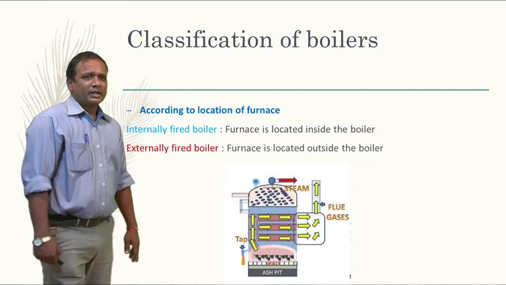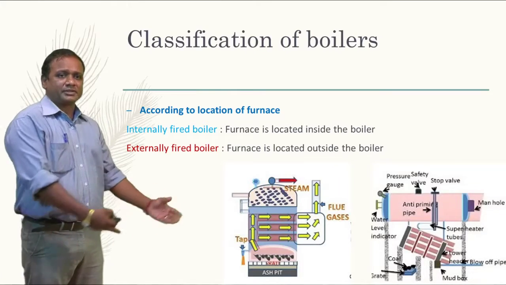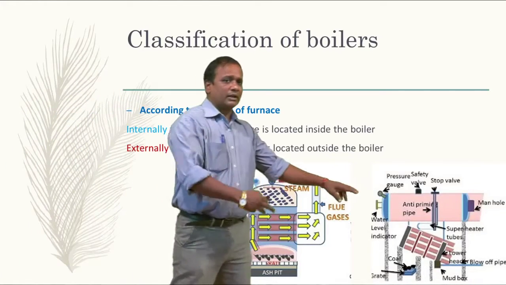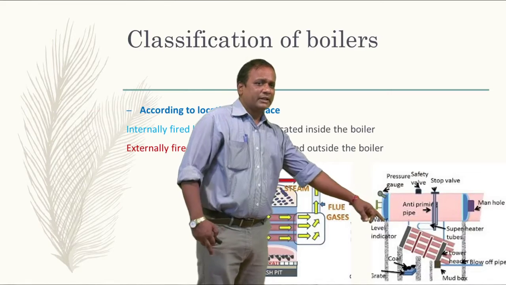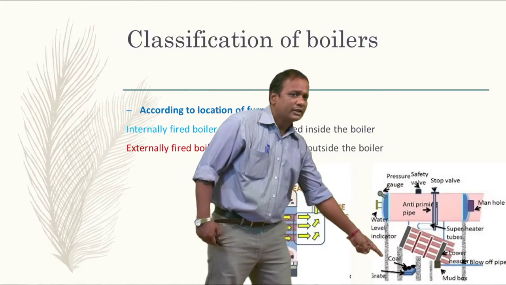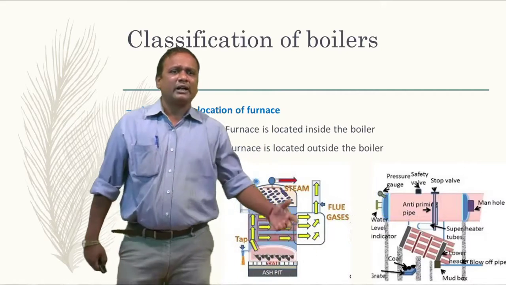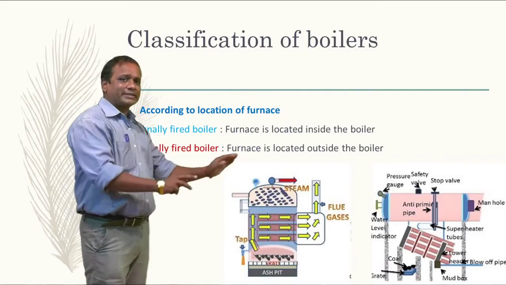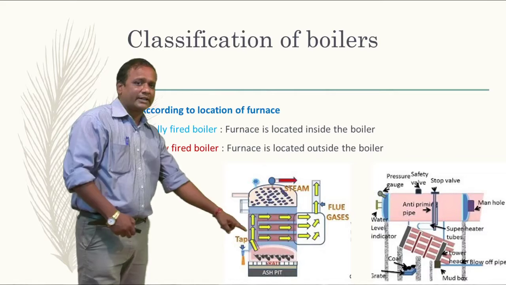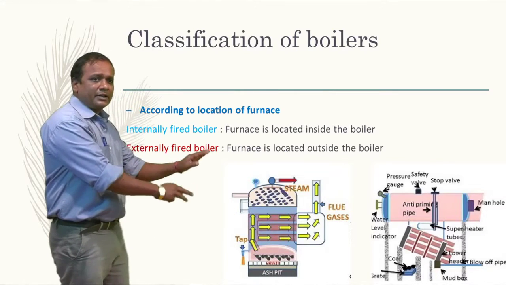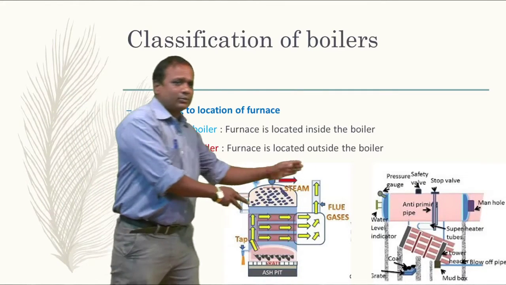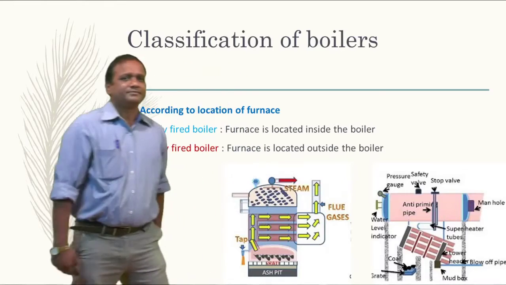Another one is an externally fired boiler, as you could see over here. The whole boiler vessel has a tube which runs in, and there is a fire over here, which is an external part of the boiler. So the furnace is located outside the boiler, not inside the boiler. In this case, the furnace is located inside the boiler. So we call this an internally fired boiler, and this one an externally fired boiler.